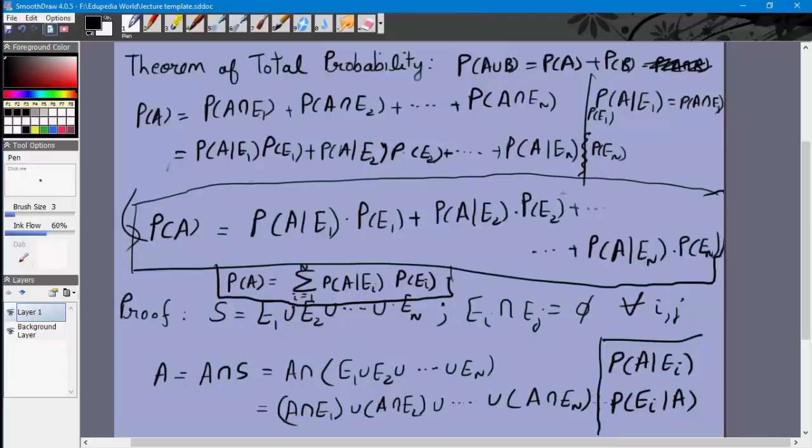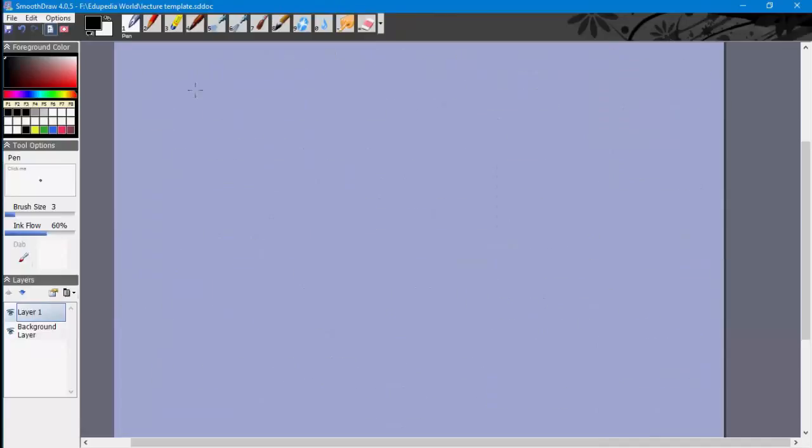This is the subject of Bayes' theorem. So our goal here is to calculate P of EI conditional A, where I can be any number, given that we know P of A conditional EI, and we will be using the theorem on total probability here.